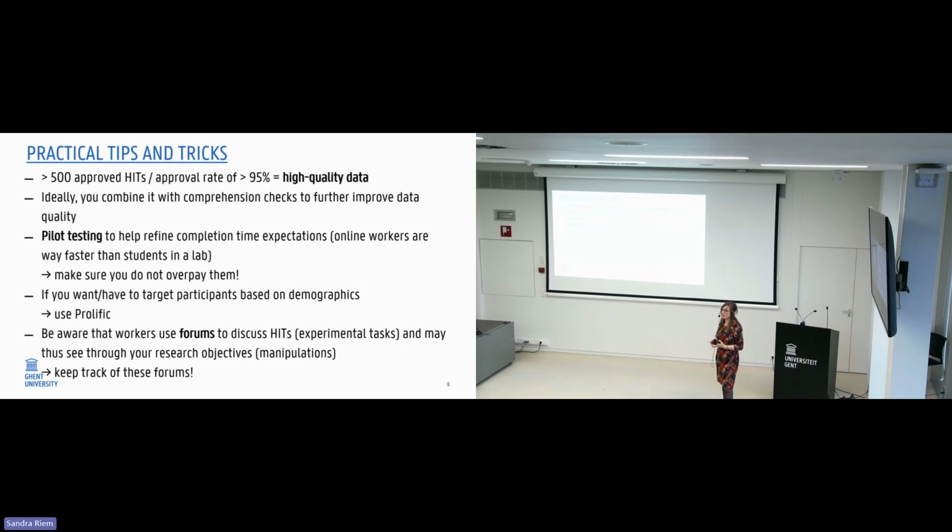They just really tell each other where to click, like your comprehension checks that you included, stuff like that. They discuss it, to be faster and faster and faster and get the payment. So keep track of these forums. There are some papers that describe the forums that typically are being used.